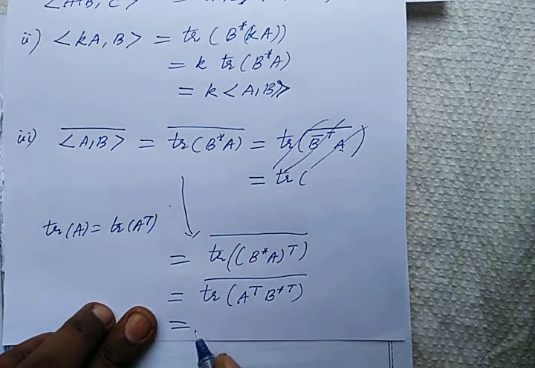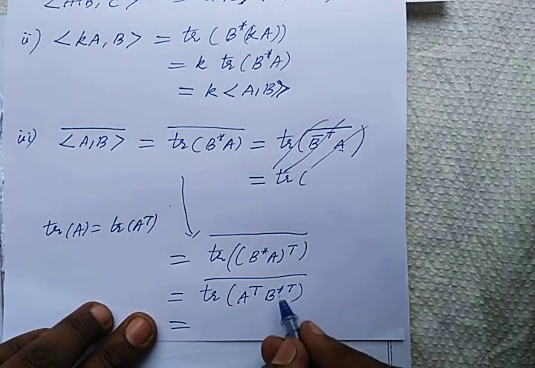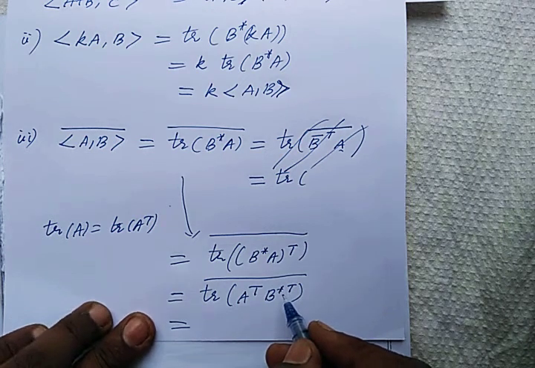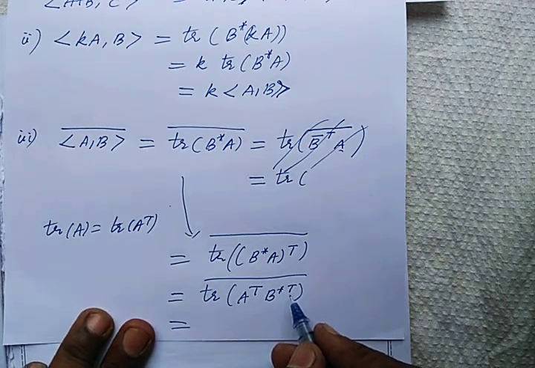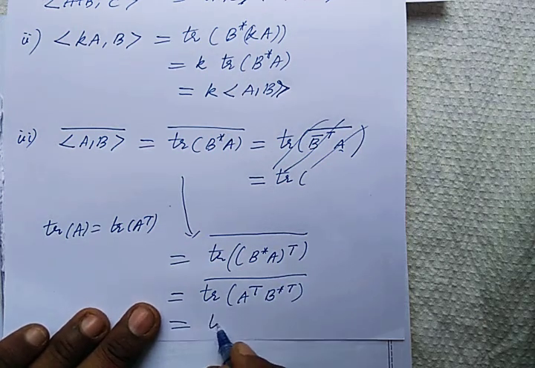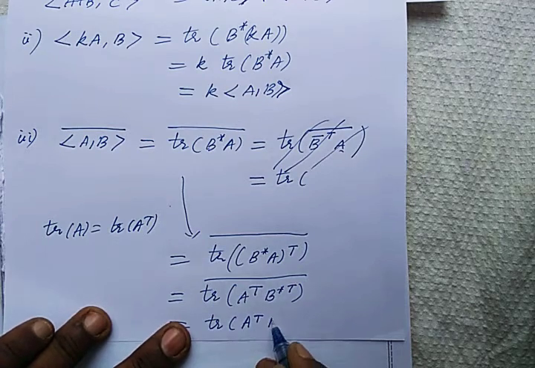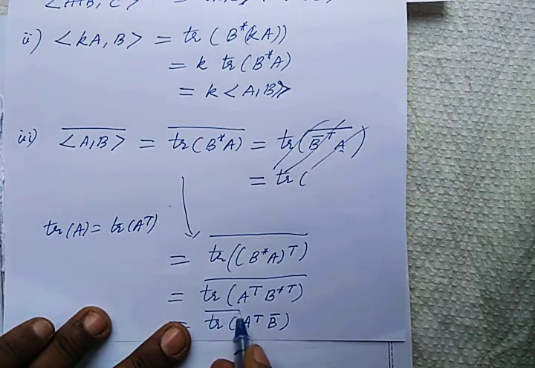But what is B star? B star itself is B bar transpose. So transpose of a transpose, if you take it, we get the same matrix, right? So this is equal to A transpose and B bar, and this bar again comes here.